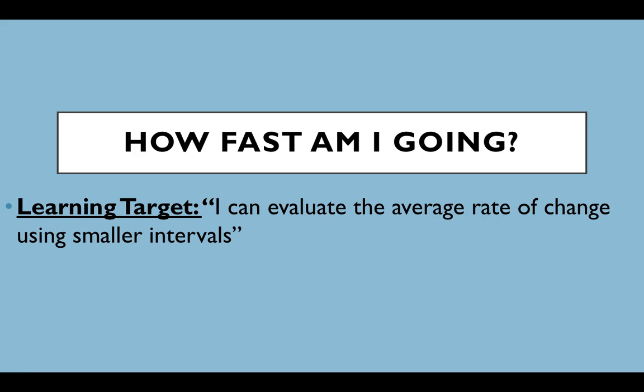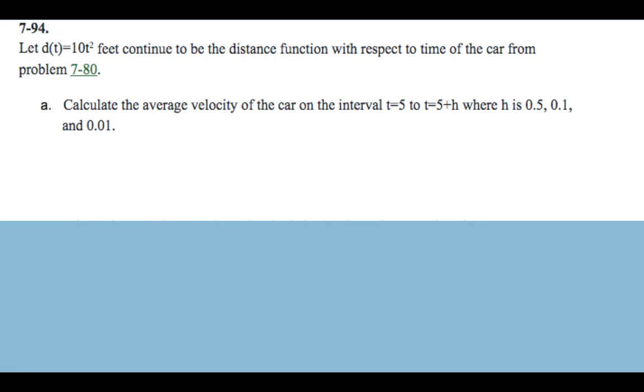All right, so how fast am I going? We have a specific learning target by the end of this video, which is: I can evaluate the average rate of change using smaller intervals. So we're looking at problem 7-94. We're taking a look at a function, d of t, which is equal to 10t squared feet.